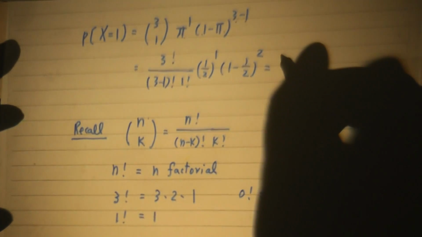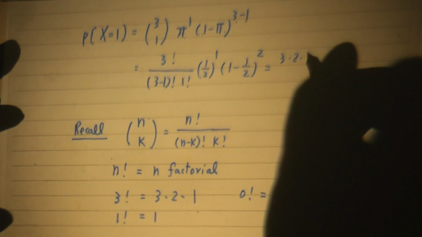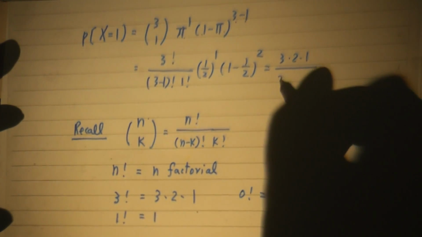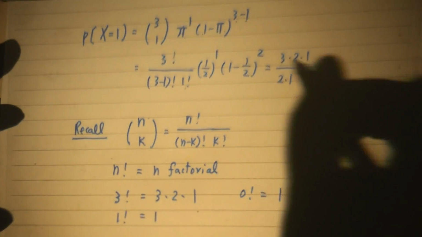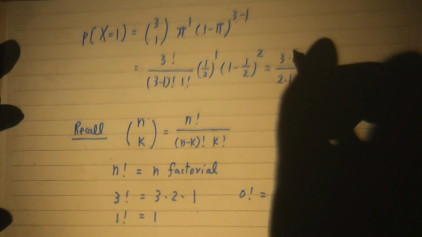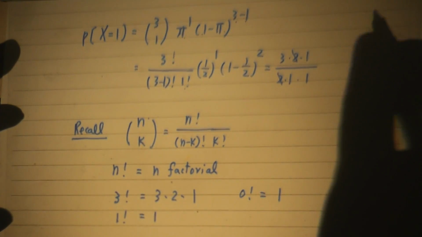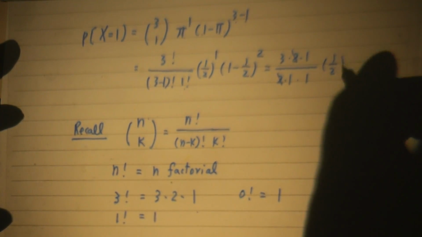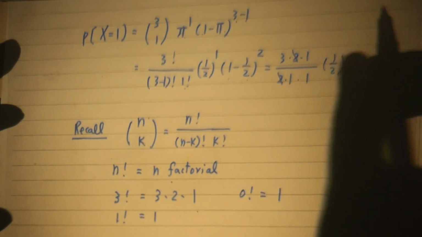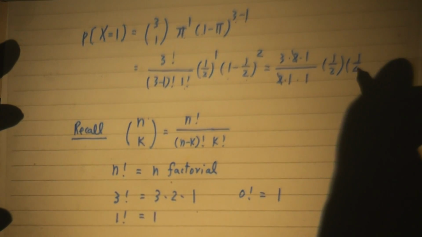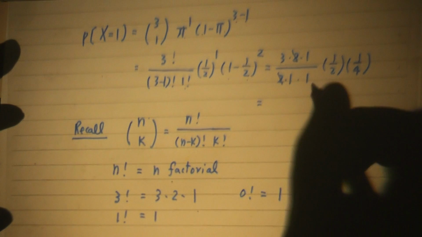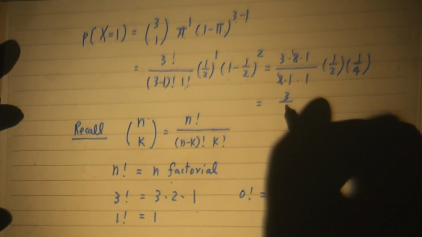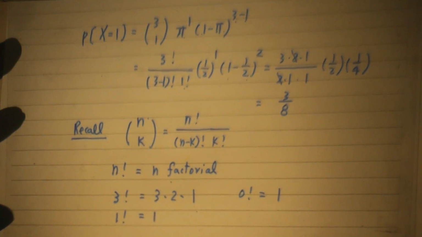So this one is 3 factorial, 3 times 2 times 1, over 2 factorial, 2 times 1, times 1 factorial, which is 1 times 1. So after cancellation of the common factor, this is 3 times 1 over 2, times 1 over 2 to the power 2, which is 1 over 4. Okay? So this one is 3 over 8.